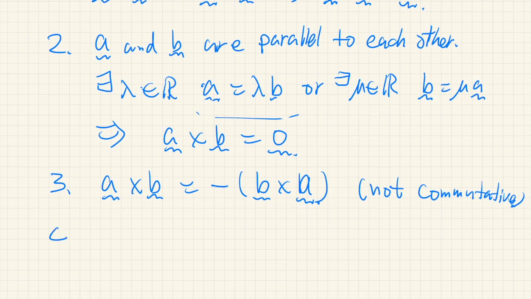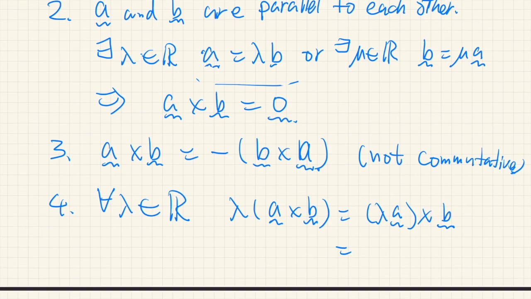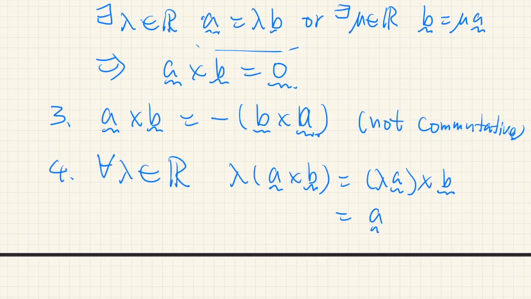Okay, and for any real number lambda, we have lambda times A cross B is equal to lambda A cross B, or this is also equal to A cross lambda B.